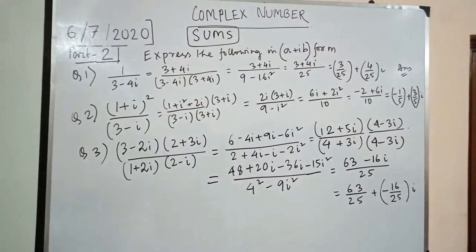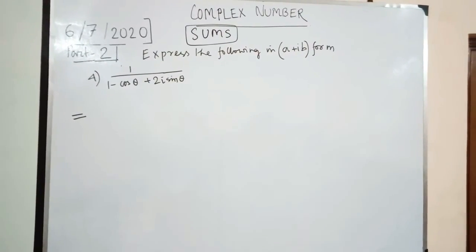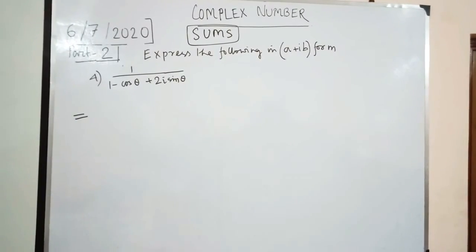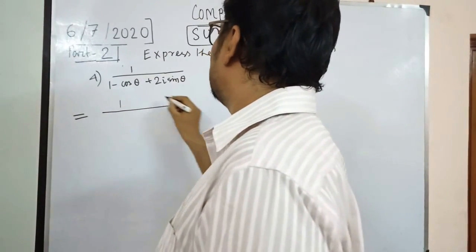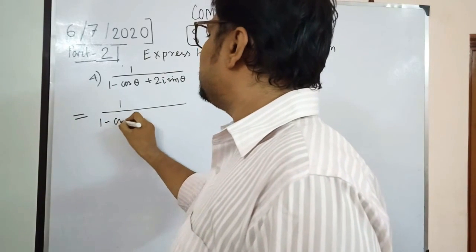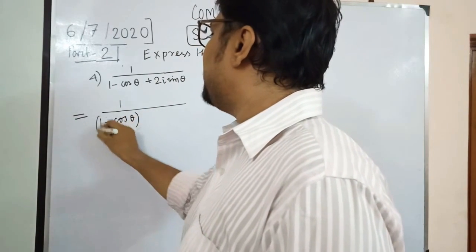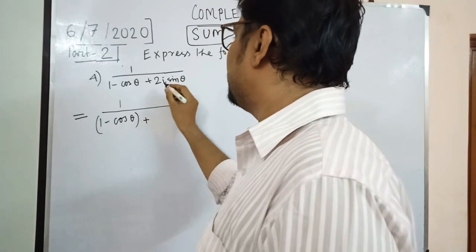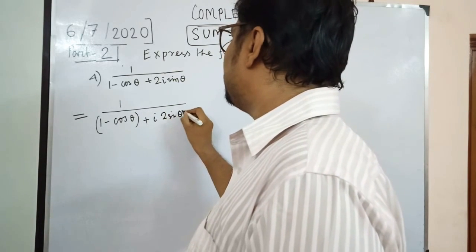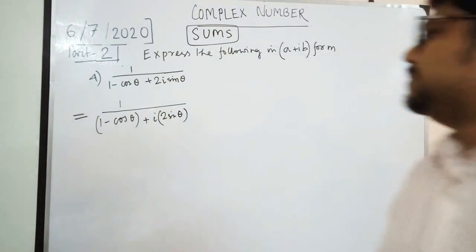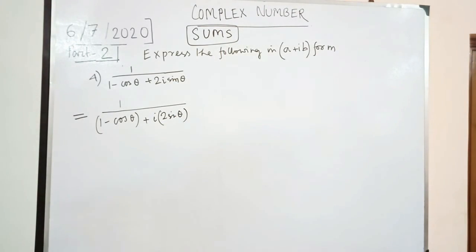Okay, number 4. We get it like this. Here what we do, we have to analyze and identify the a plus ib form over here. So I see this is i into 2 sine theta. This is the kind of thing you get in the denominator.